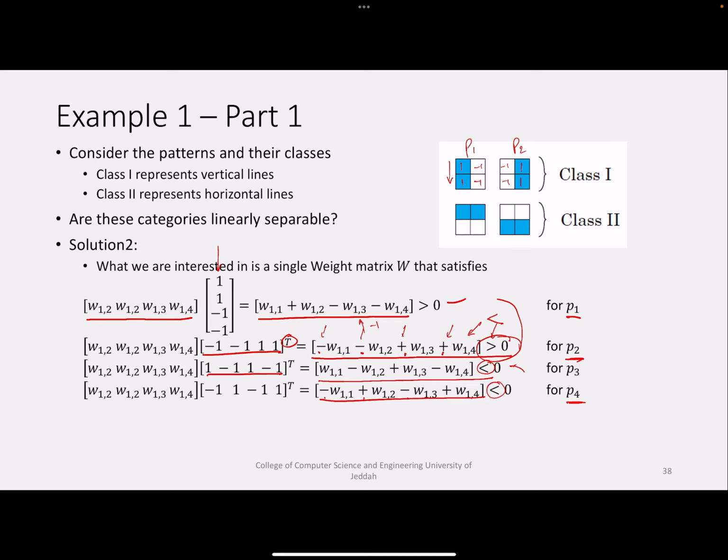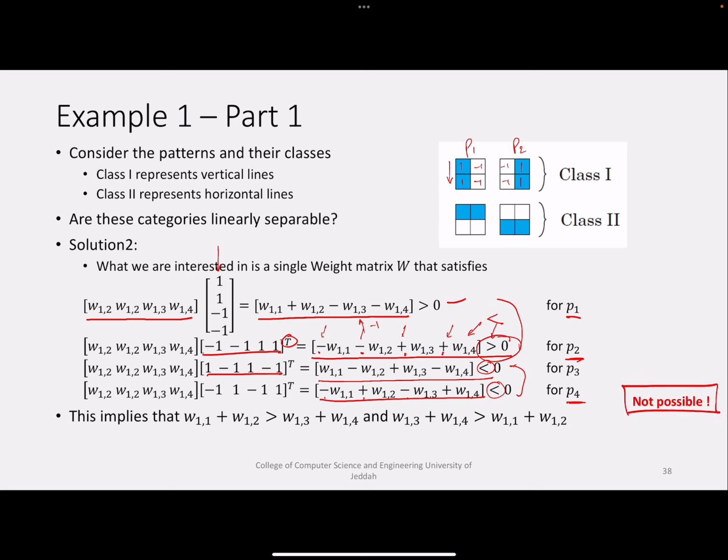So again, both of these conditions cannot be true at the same time. Which means it's simply not possible to make these classes linearly separable.